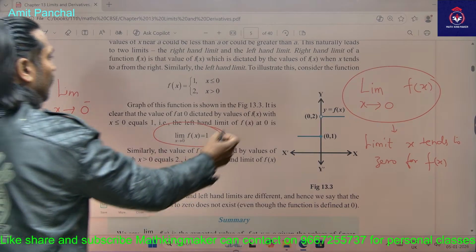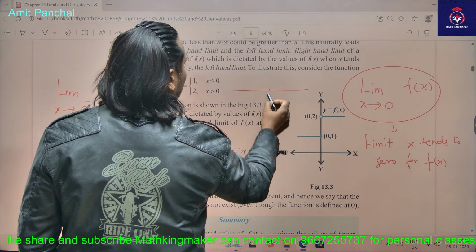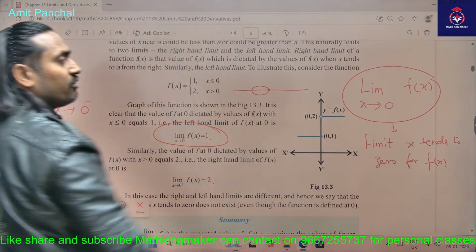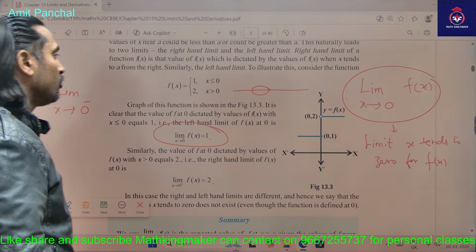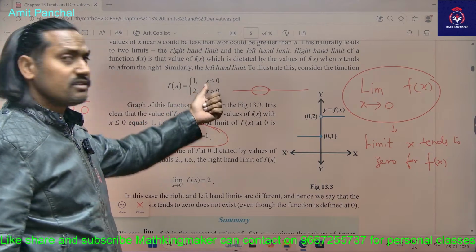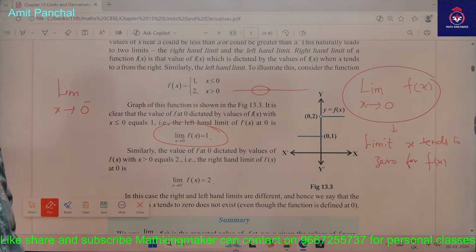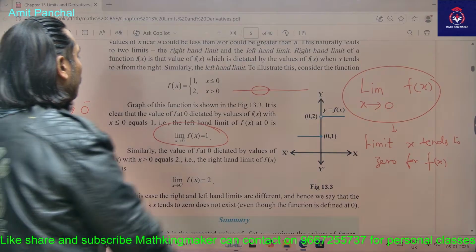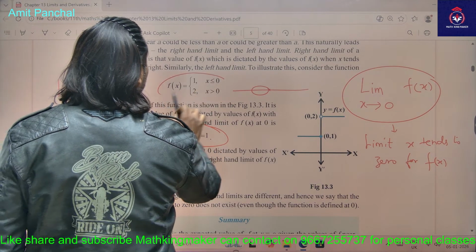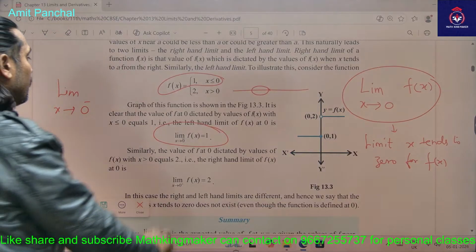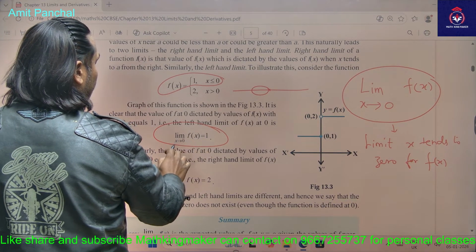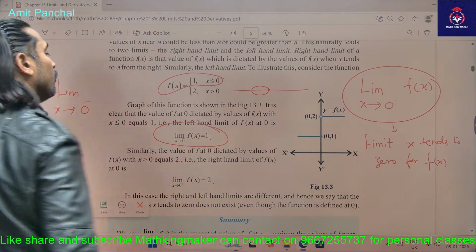If you see on the number line, the negative values are to the left of 0, so you have to consider the left of 0. That means the value of x is less than 0, and then your function value becomes 1. That's why they have written limit x tending to 0 negative f(x) equal to 1.